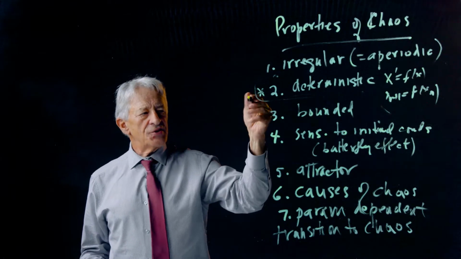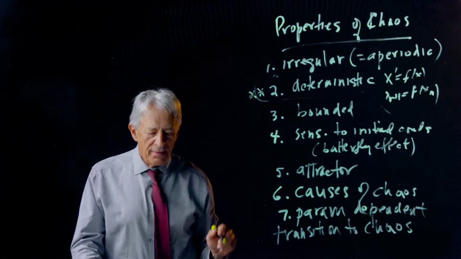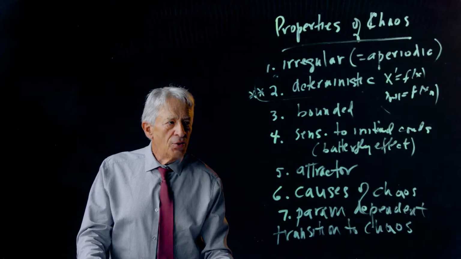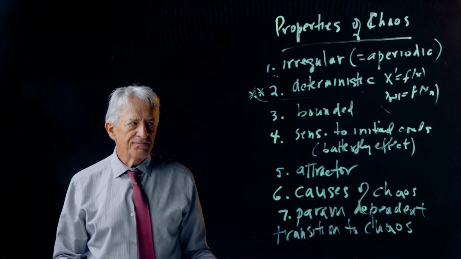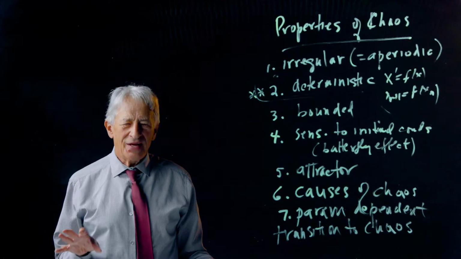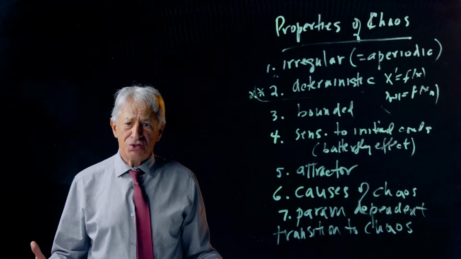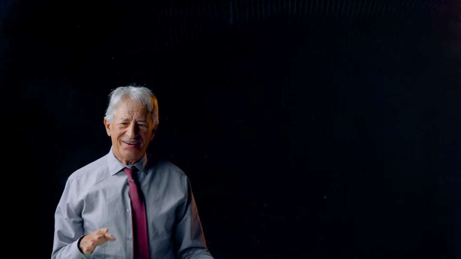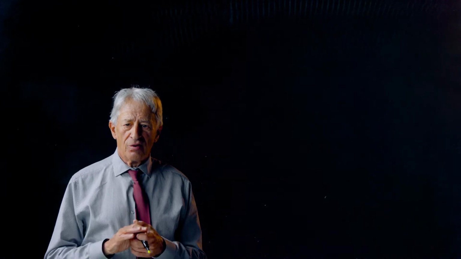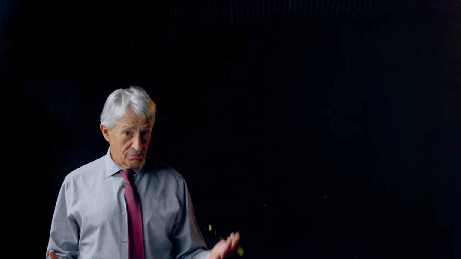So this number 2 here gives us a clue to the all-important question, which is how do we diagnose chaos for a system that we come upon in nature? So the question is, how do we diagnose chaos in nature? We come upon a system in the lab or in the field or in the world, and it's behaving irregularly, and we want to know, is this irregular behavior random or is it true chaos?